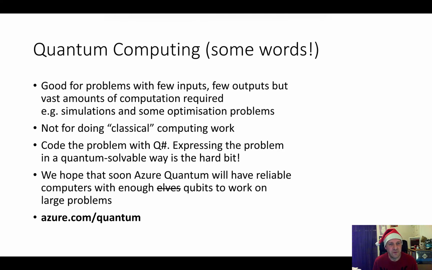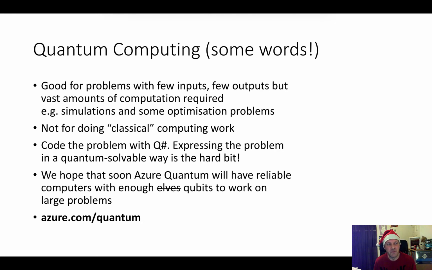So a quick rundown of the basics of quantum computing is it's very good for working on problems with relatively few inputs, relatively few outputs, but a huge amount of computation required to get from the inputs to the outputs. So it works very well, for instance, for simulations, like simulating chemical compositions and processes.